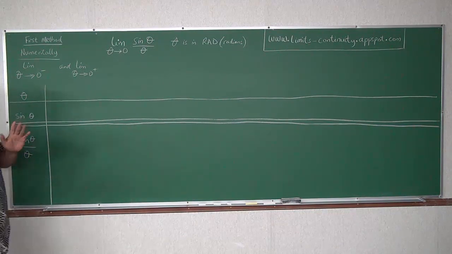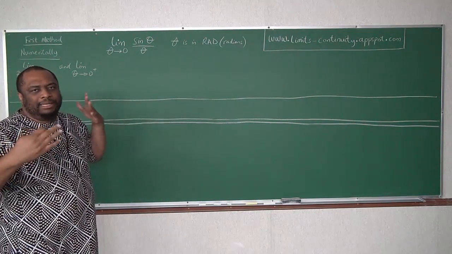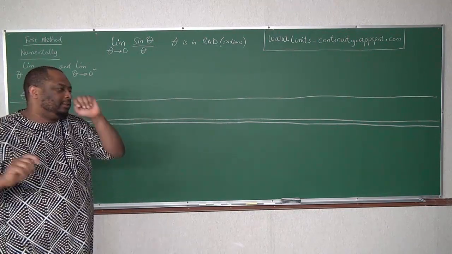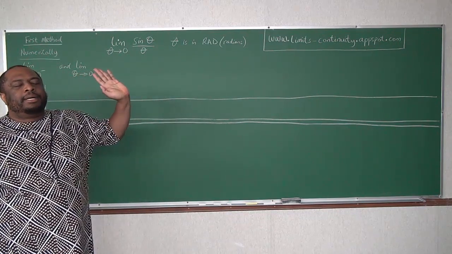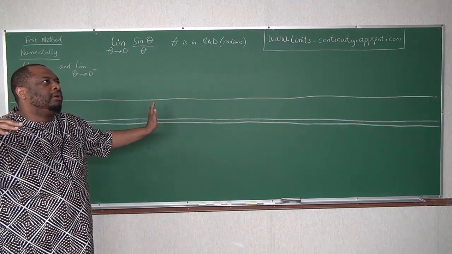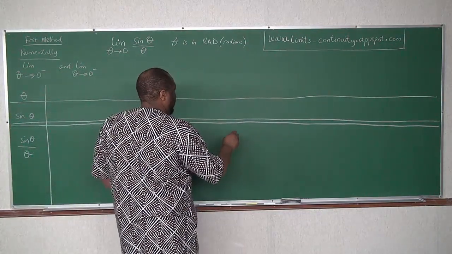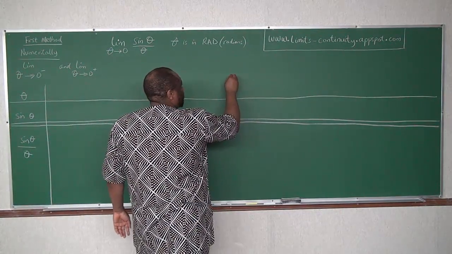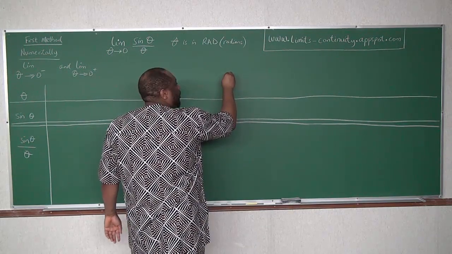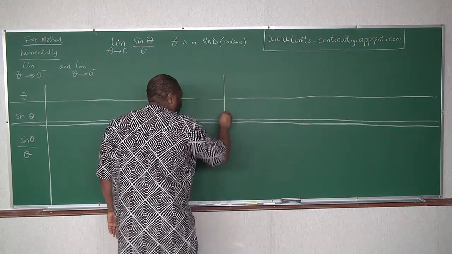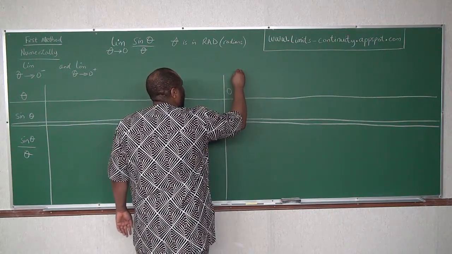Alright, I normally recommend 5 values. Let's have a middle here where we can have a 0.